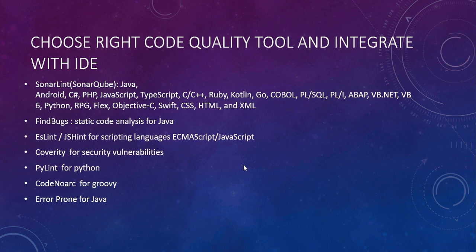Let's go to the next one, choosing the right code quality tool and integrating it with the IDE. Now, whenever you are developing a particular piece of software, it is always good to check the code quality during the development phase itself, because the effort to fix an issue in the development phase is very minimal.